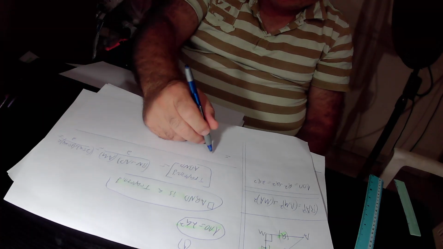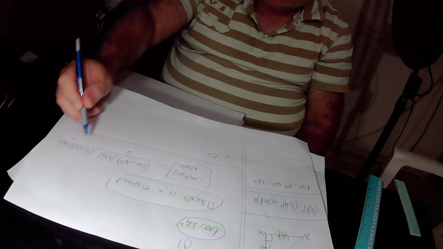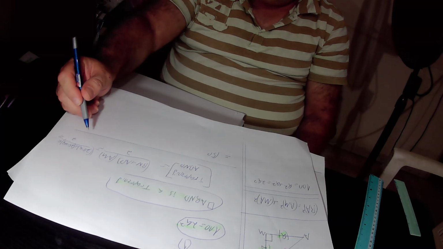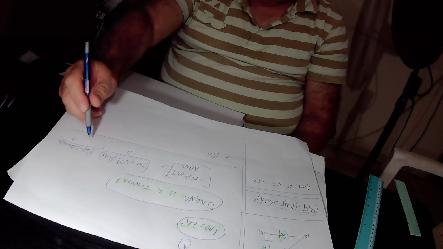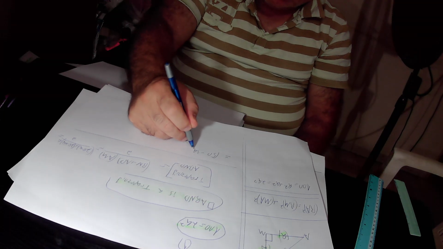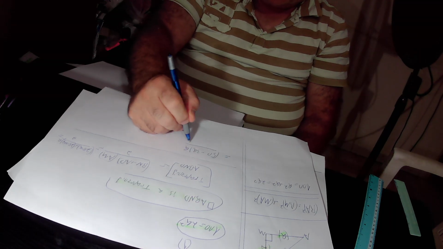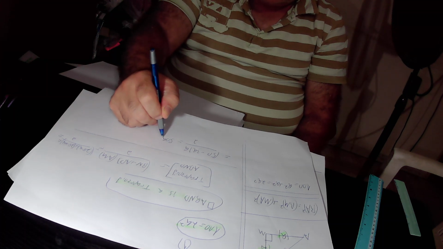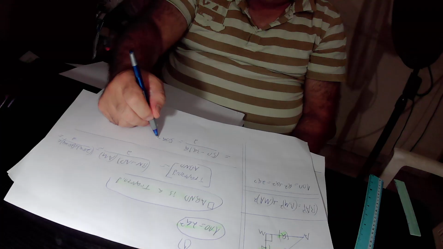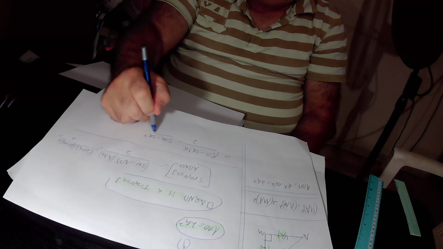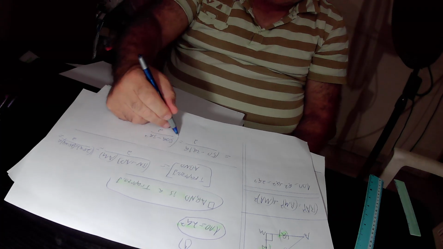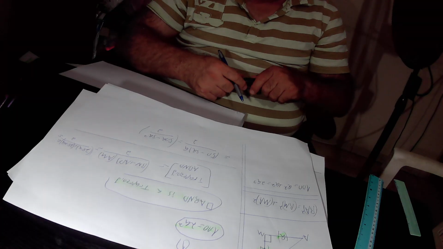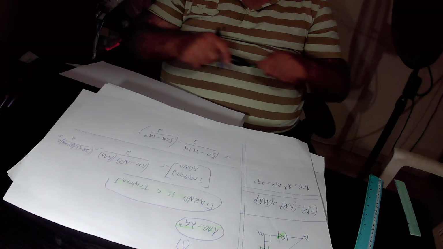25 plus 25 is 50, minus A minus 2A is minus 3A, times A over 2. 50 times A is 50A. Minus 3A times A is minus 3A squared, divided by 2. So in total, we found out that the area of trapezoid ABD equals 50A minus 3A squared over 2.